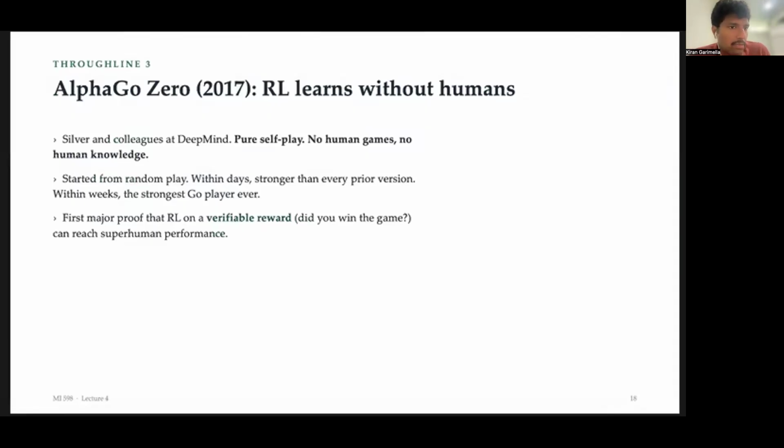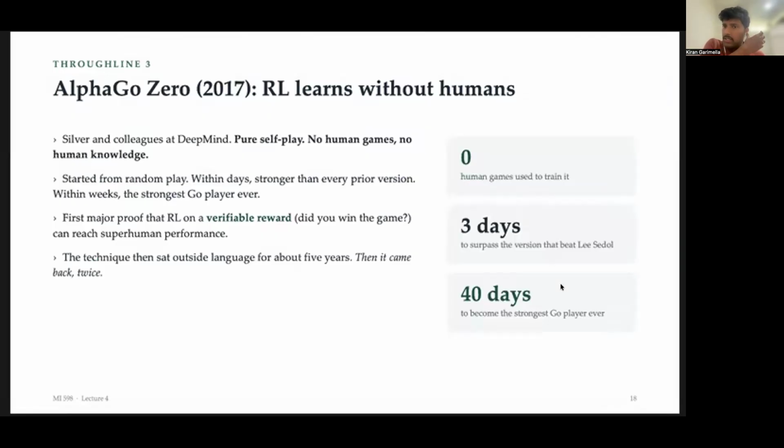This is one of the first proofs that reinforcement learning on a verifiable reward, like did you win the game or not, can really reach superhuman performance. And this sat outside of language for a long, long time. Then it came back twice. We have two cases of reinforcement learning that enable breakthroughs in language.